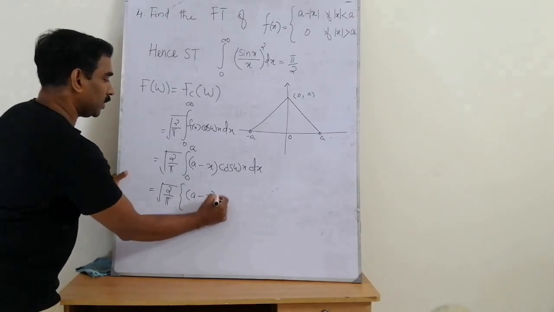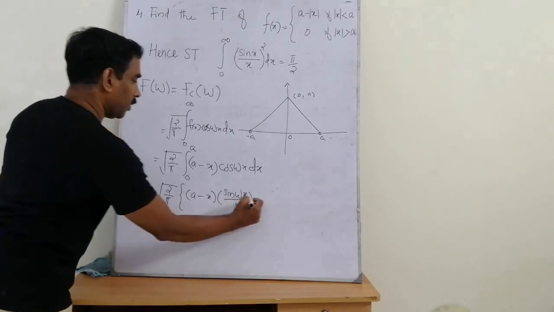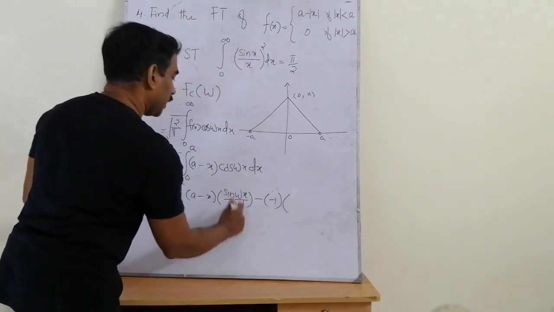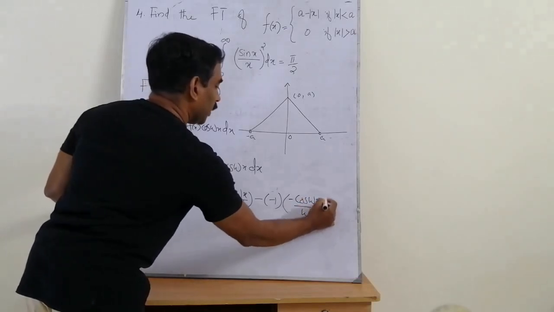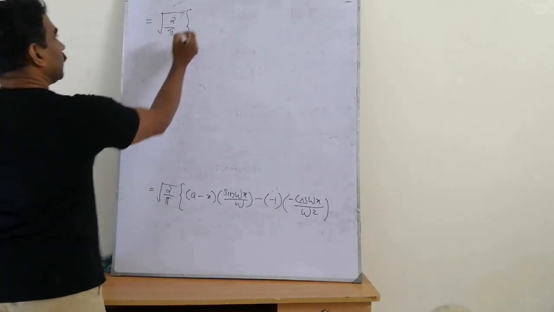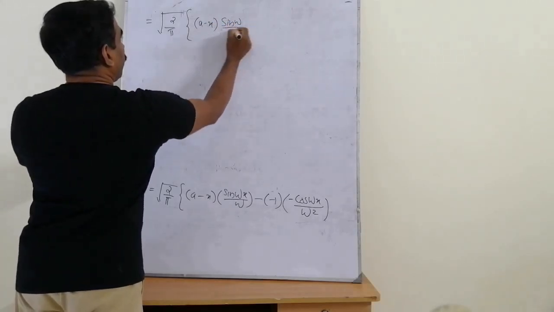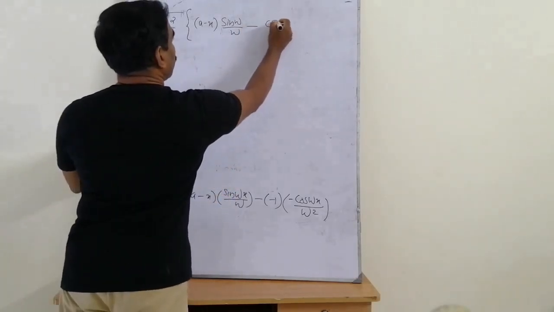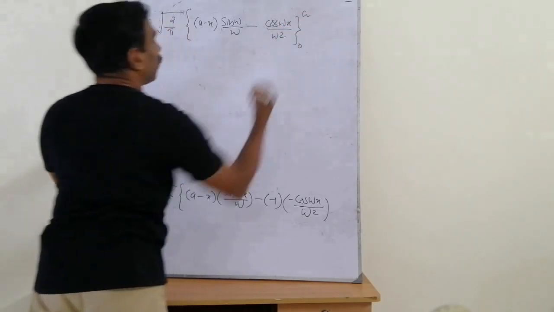See, this is (a minus x) into the integral of cos omega x, that is sin omega x by omega, minus the derivative of a minus x, that is minus 1, into the integral of sin omega x by omega, that is minus cos omega x divided by omega square. So square root of 2 by pi, (a minus x) sin omega x by omega, plus, it is minus cos omega x by omega square, within the limit 0 to a.